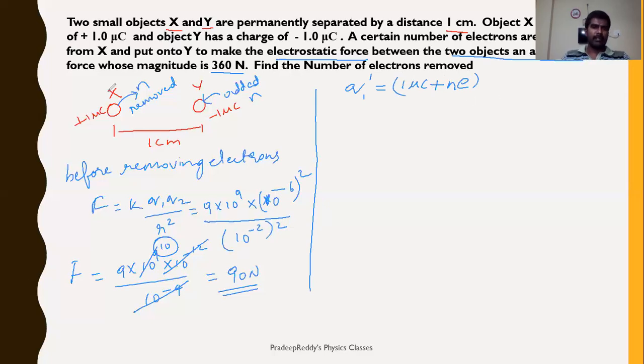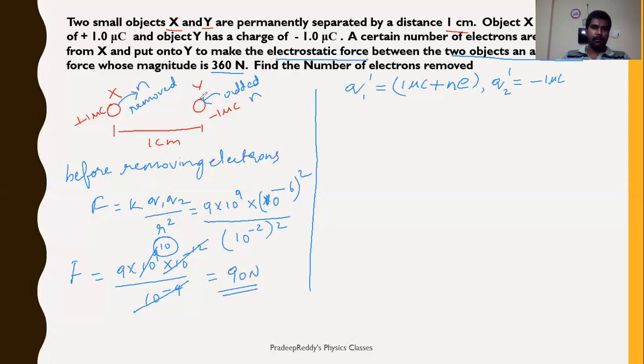Clear? Previously the charge is plus 1 microcoulomb. Now as it is plus 1 microcoulomb, you are removing n number of electrons, therefore it becomes a still greater positive magnitude. Each electron has charge e, that is Q1 dash. Coming to Q2 dash, already it is negative charge, minus 1 microcoulomb.